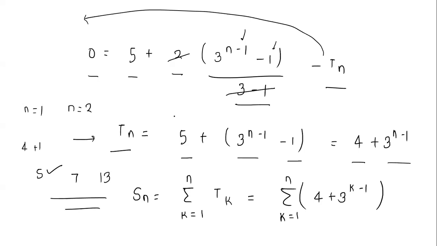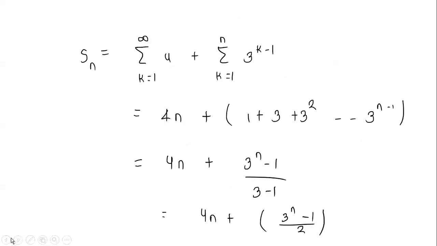Now our goal is to do the summation of the n terms, like t1 plus t2 up to tn. We can write this in summation form, and tk is simply 4 plus 3 power k minus 1. We want to do the summation for k equal to 1 to n, because we want the sum of n terms.